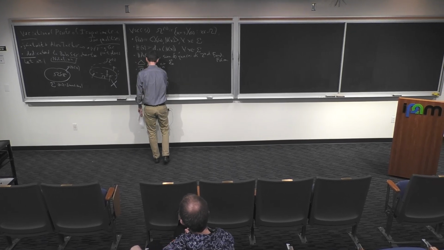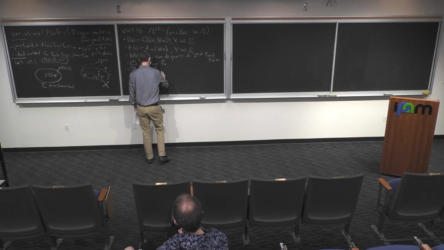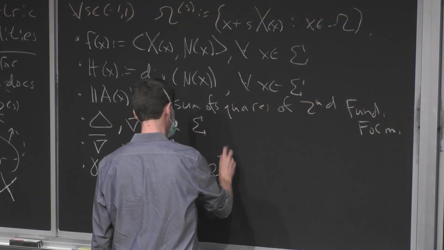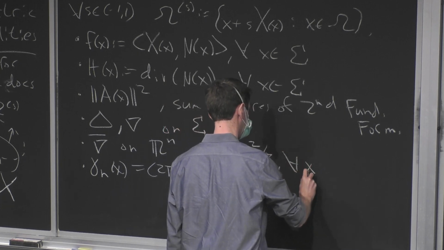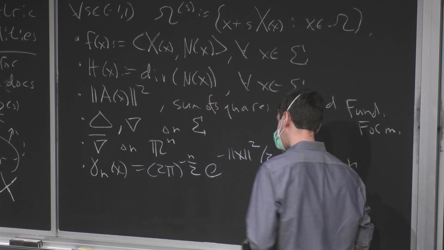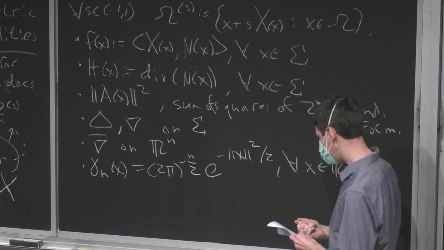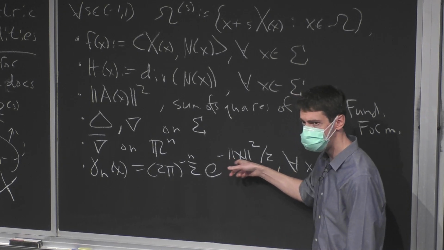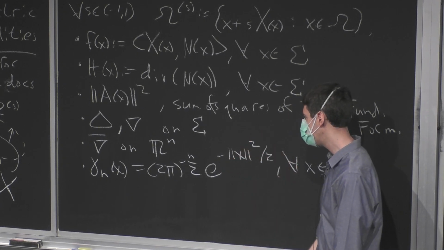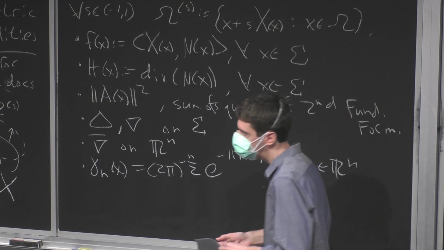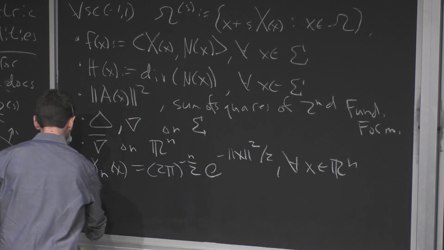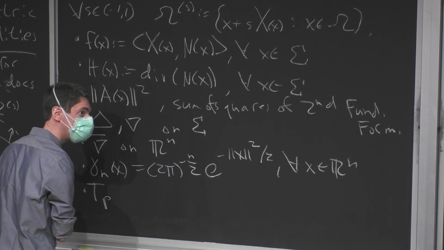Then we're going to have a Gaussian density. So this denotes the usual Euclidean length of a vector squared. I'm one of those people who likes a 2 in my Gaussians instead of a 4, but I guess not everybody's like that. Last bit of notation here.